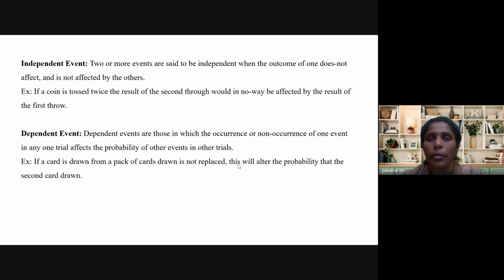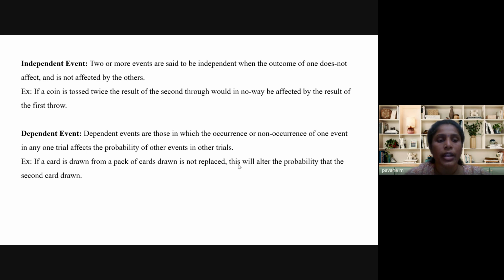You take that ball and you are not replacing it for the next trial. In the next trial, you have only 9 balls in the pack, right? So this first experiment will not affect the result of the second experiment, right? That type of outcomes are called independent events. That means they never impact the other experiment's outcome.